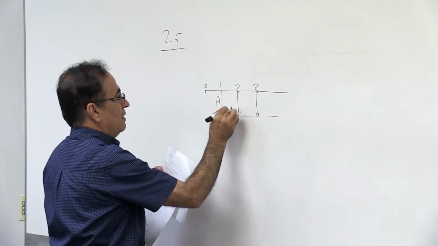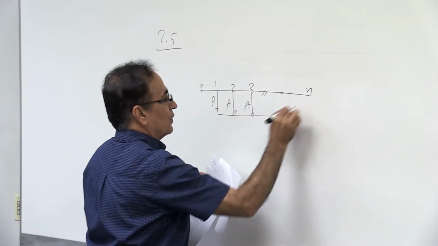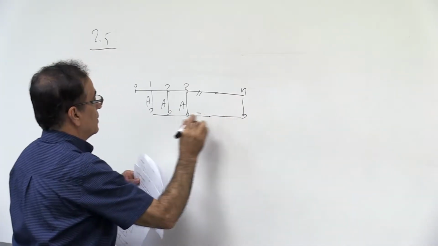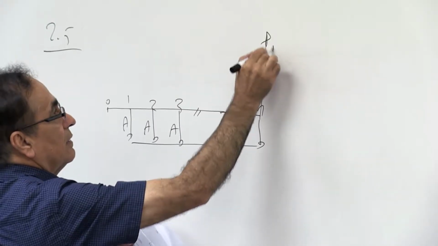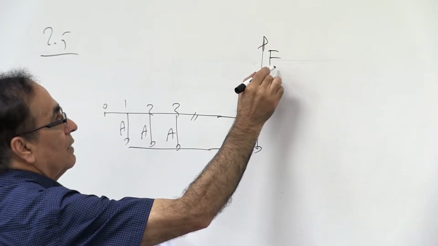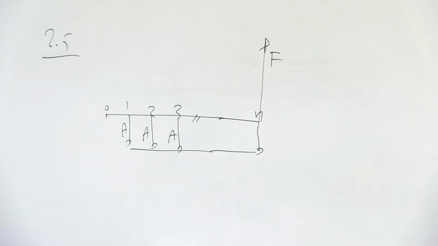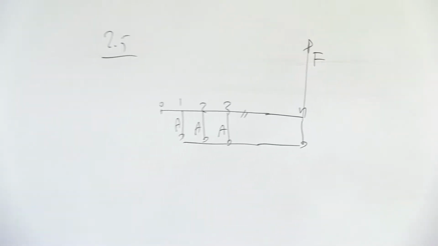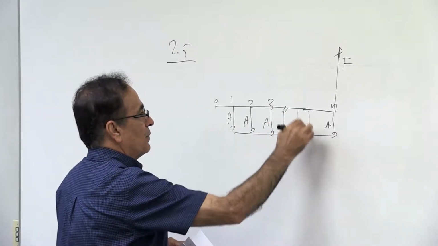So this is A, this is A, and you're going to continue this for n number of periods. You want to know how much you should deposit here to have F amount of dollars at the end of n periods. Again, we are assuming even if you're withdrawing at the end of your n, there's still a payment there. So this is payment A. So these are all my payments.